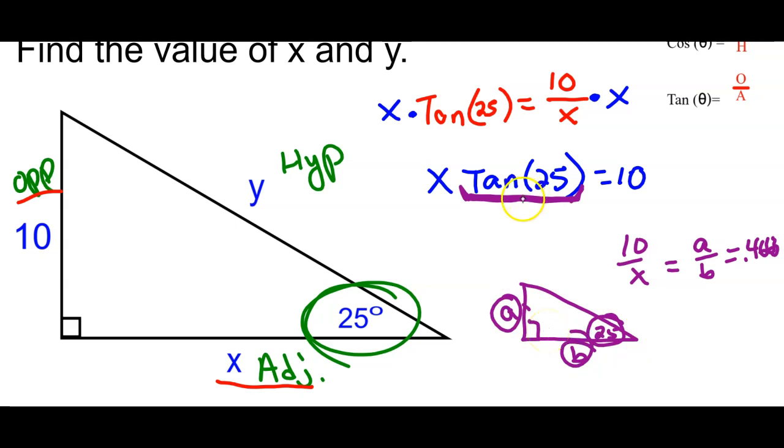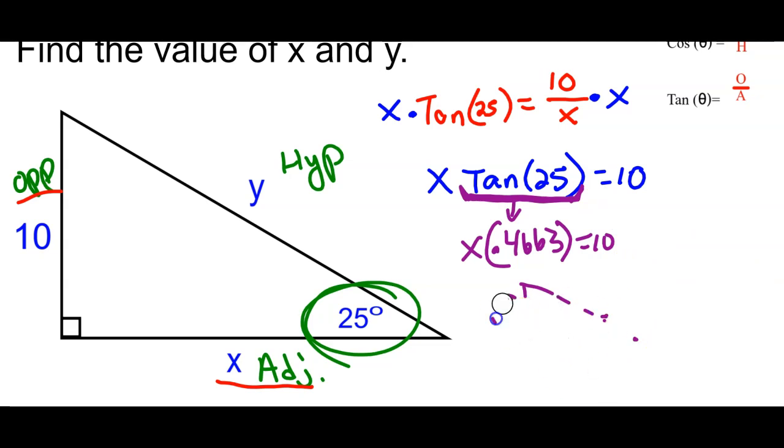And so when I said this equaled a number, it equals the number 0.4663, or something really close to it. So basically what you have is 0.4663 times x equals 10. And we're going to solve that.